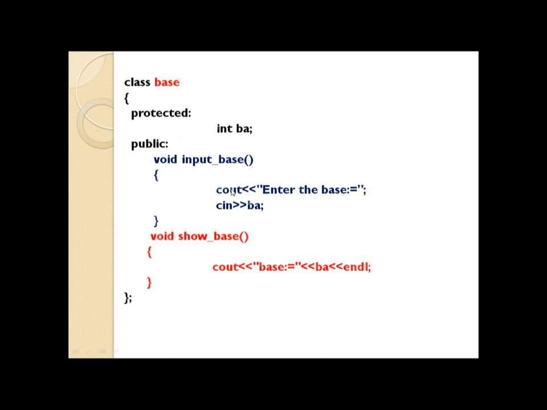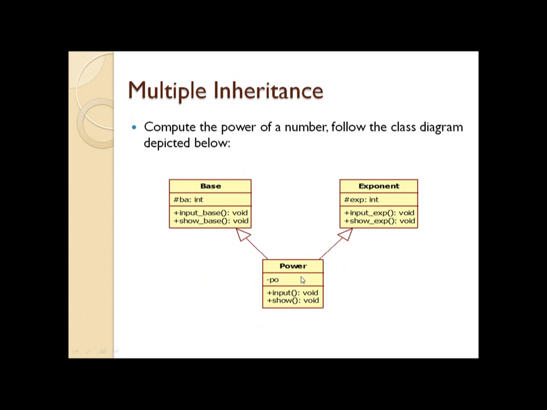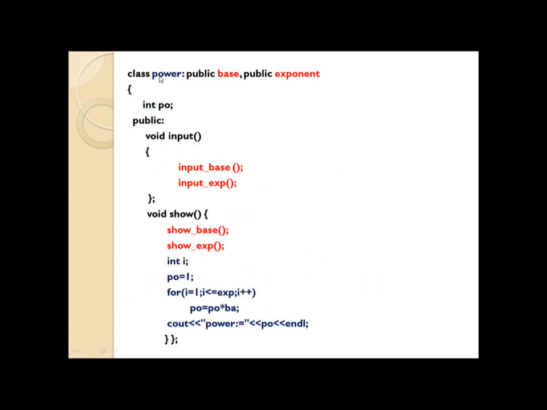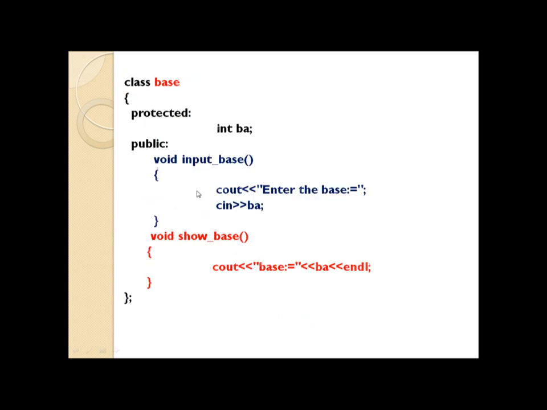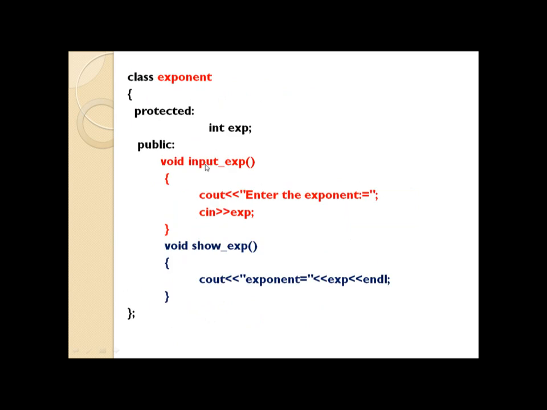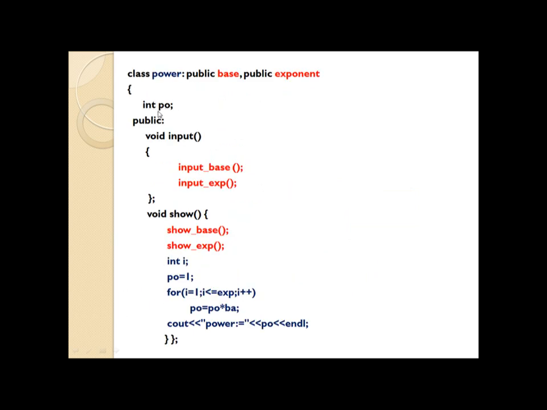And finally, we have written a power class which is inheriting both the parent classes base and exponent using public mode. So here: class, new class name, colon, visibility modifier, first base class, comma, second base class. And PO is written in the private section, so by default it is private, of integer type.